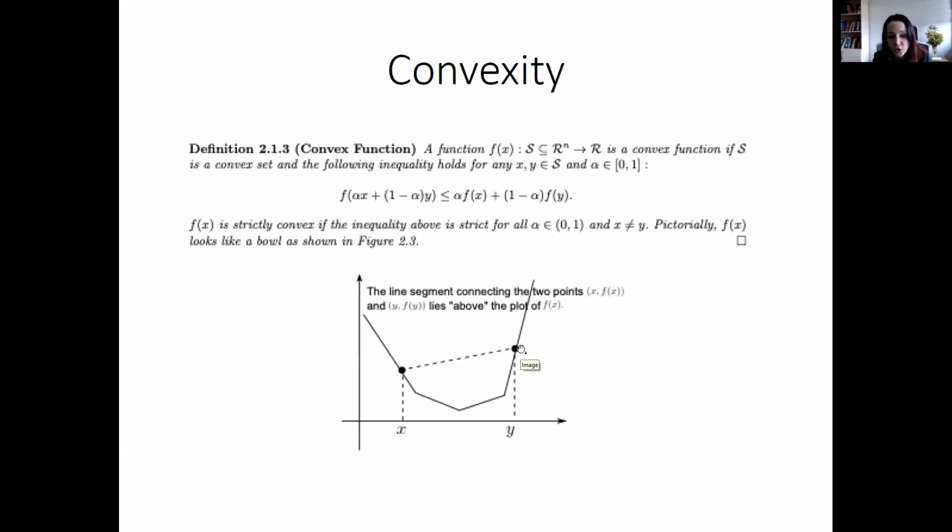Okay, in other words, the line segment connecting the 2 points (x, f of x) and (y, f of y) should be lying above the plot of f of z, pictorially speaking. So a convex function essentially looks like a bowl, like a cup looking up.